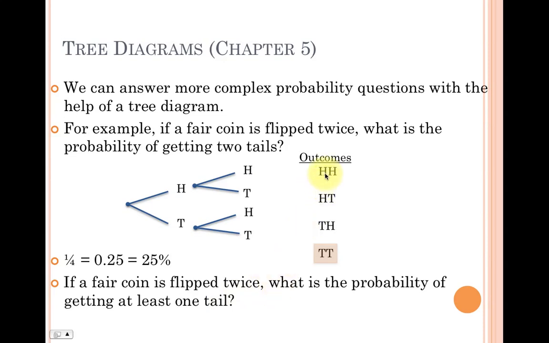So we look at the outcomes and we see we have 4 outcomes, so our denominator again is 4, but if we pick out the outcomes that have at least 1 tail, there's 1, 2, 3 of them. 3 of the outcomes have at least 1 tail, or 1 T. So 3 over 4, which is 0.75 or 75%, is the probability of getting at least 1 tail when you flip the coin twice.